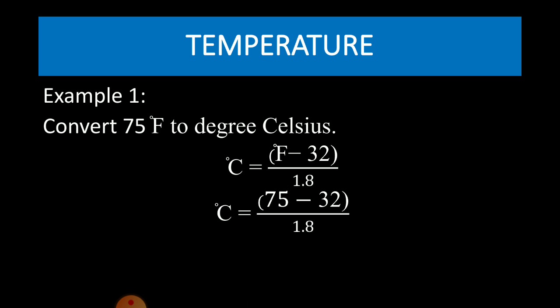So that is now degrees Celsius is equal to the quantity 75 minus 32 divided by 1.8. That is 43 divided by 1.8, which is equal to 23.89. Therefore, 75 degrees Fahrenheit is equal to 23.89 degrees Celsius.